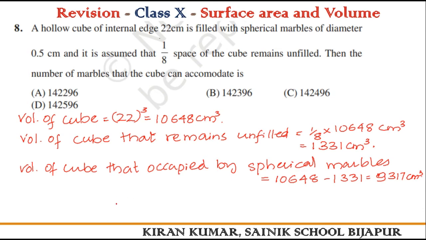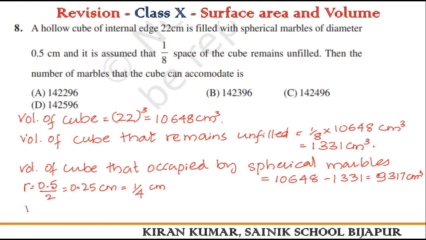We are given the diameter of the spherical marble, so I can find the radius. This will be half of the diameter, 0.5 by 2, which is 0.25 centimeter. For calculation purposes, I'll write this as 1/4 centimeter.